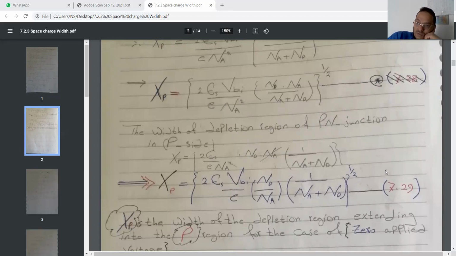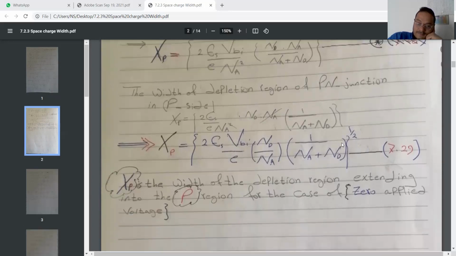This equation, like our source, will be 7.29.